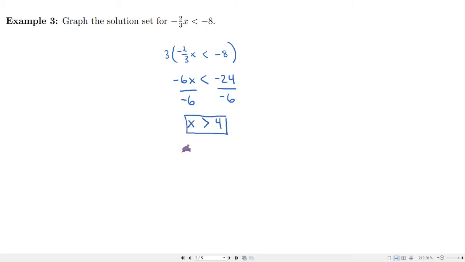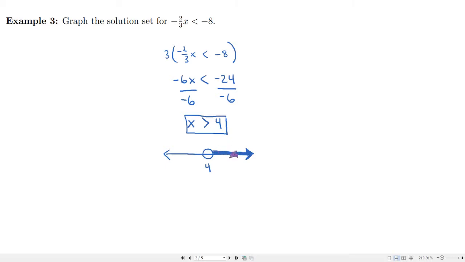Okay, so graphing this, we're going to have 4. It's going to be greater than, so we'll put an open circle there. So x is greater than 4. So when you're graphing these things, what you can do to convince yourself that you're filling in the right portion is pick a sample value inside there and just double check, does that make sense?